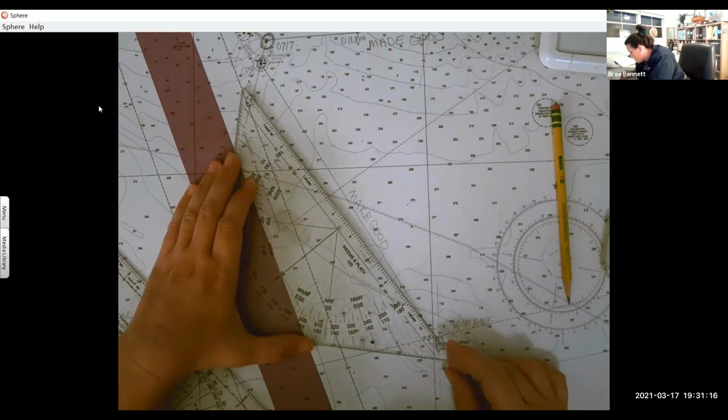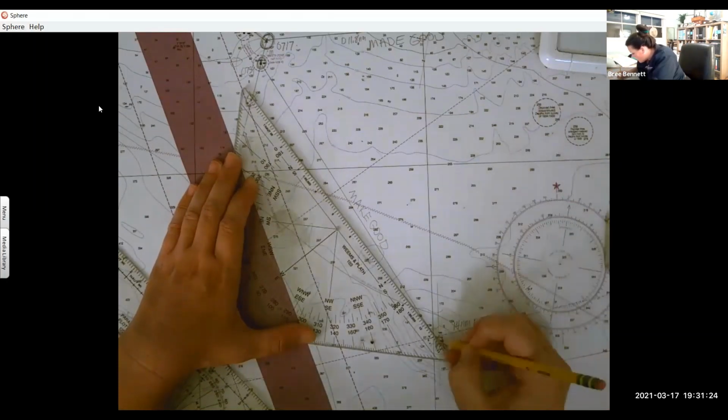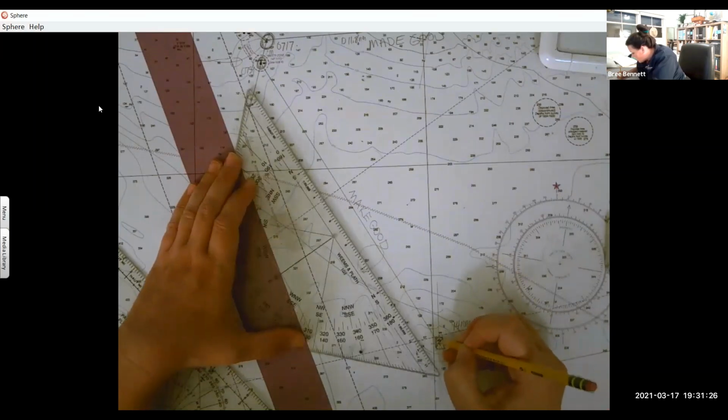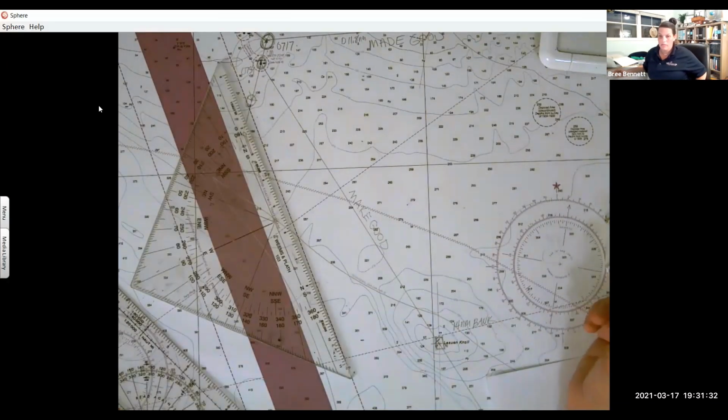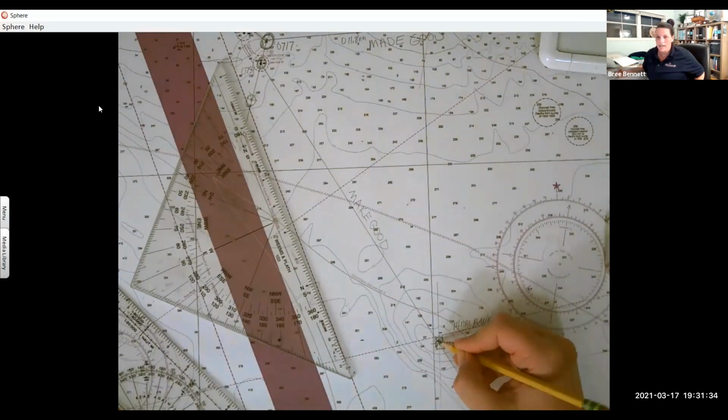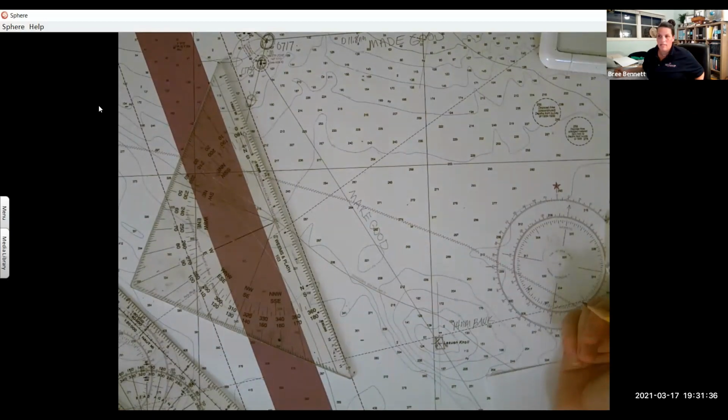I give you that. Here is 10.7. So just before, for me, it's just before that waypoint that we're going to.